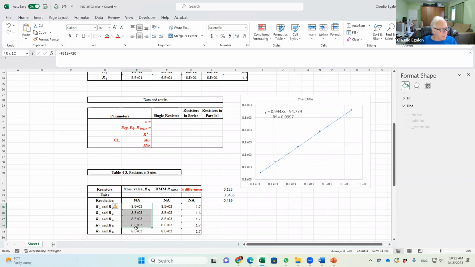What you see right in here is the theoretical value, because I summed up the resistances here, whereas this column here is the actual experimental value. Experimental value, theoretical value. So the theory works very well. Not only does the theory work very well, but the nominal value of the resistances is very close to the measured value of the resistance.